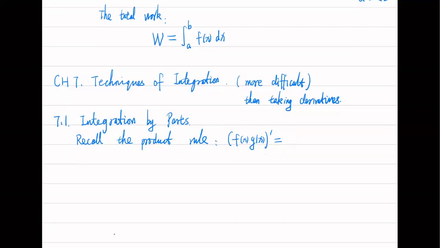F times derivative of g of x plus g of x times derivative of f of x. Sometimes I just make two copies, and put the derivative on the first one and on the second one.